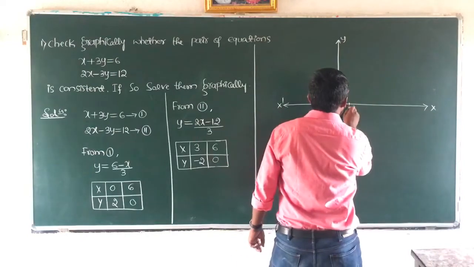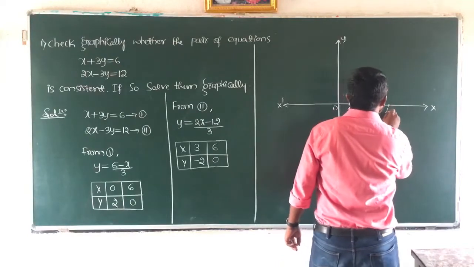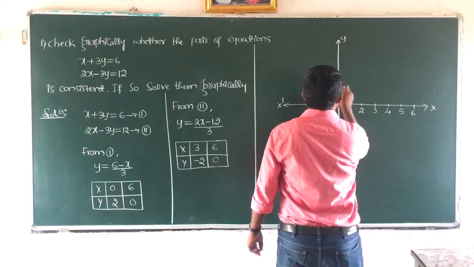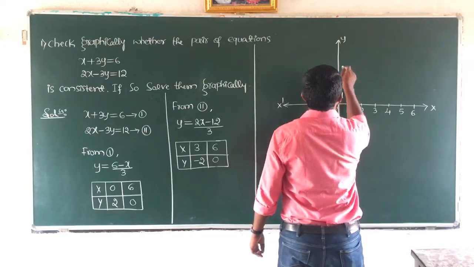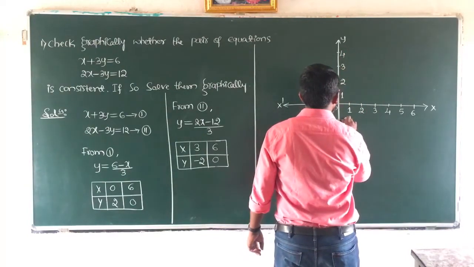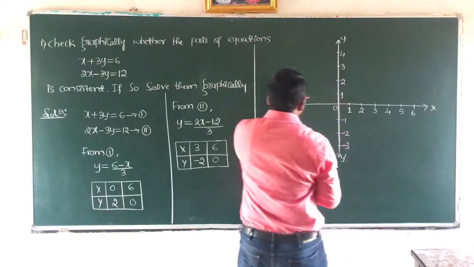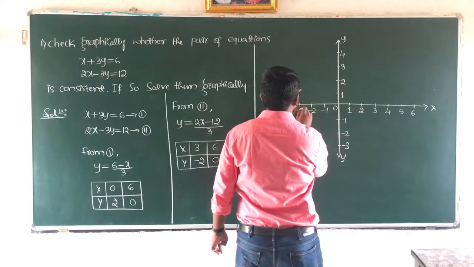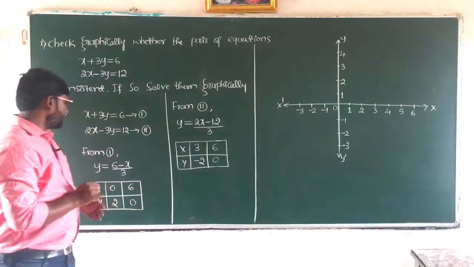So now it is 1, 2, 3, 4, 5, 6, then here it is 1, 2, 3, 4, then here it is minus 1, minus 2, minus 3, then here it is minus 1, minus 2, then minus 3. So let us go for the first table now.